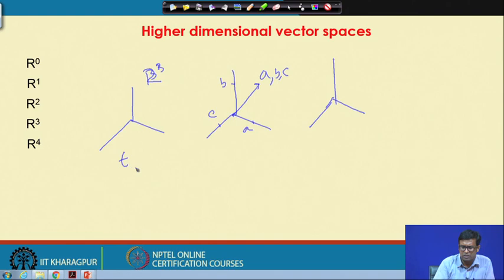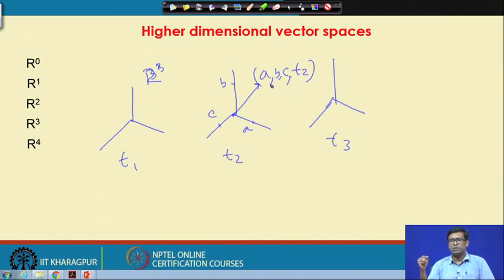Now, this is T 1, this is T 2, this is T 3, and it does not exist there; it only exists at T 2. So, we will say that it has these 4 coordinates. This A, B, C exists only when t is equal to T 2. If we see anything at T 3, we see some vector with the same orientation along the x, y, z axes, but that is a different vector.